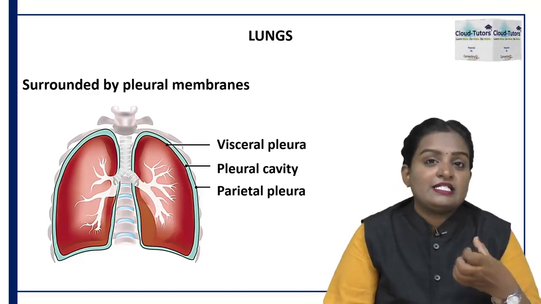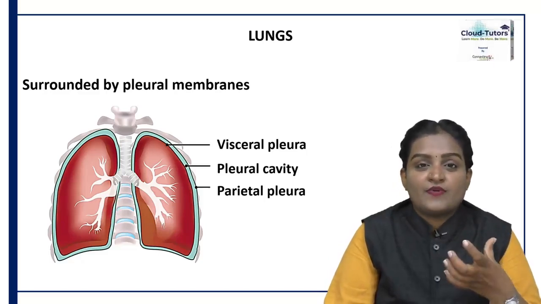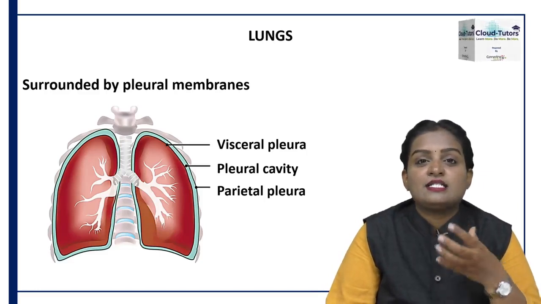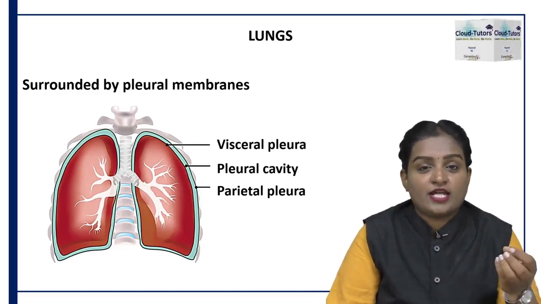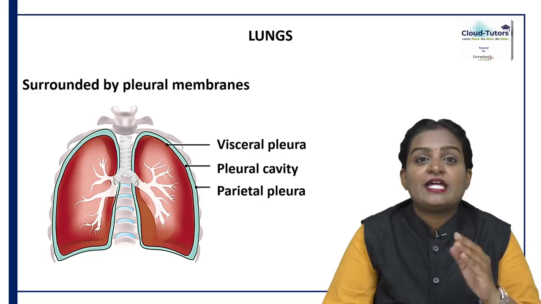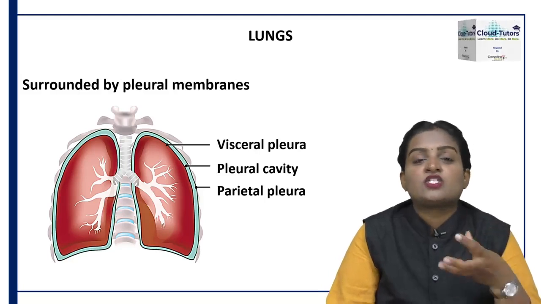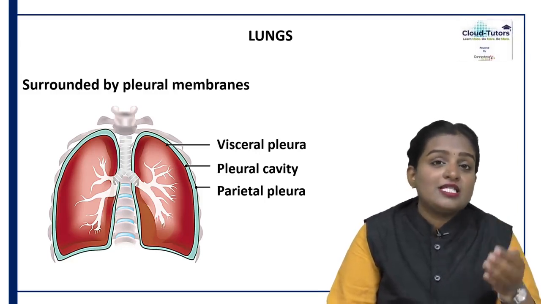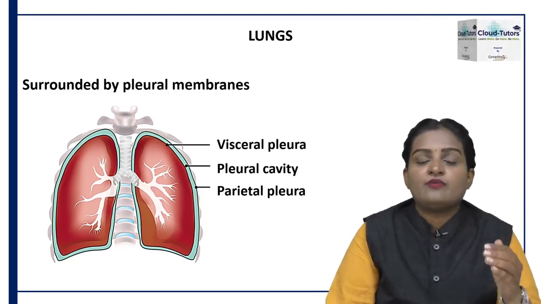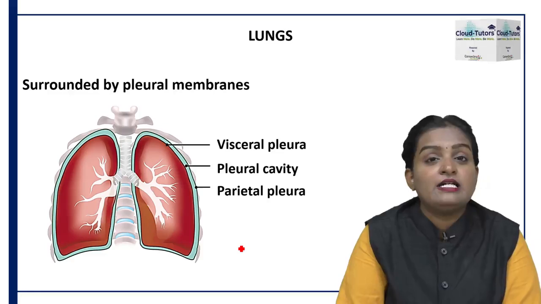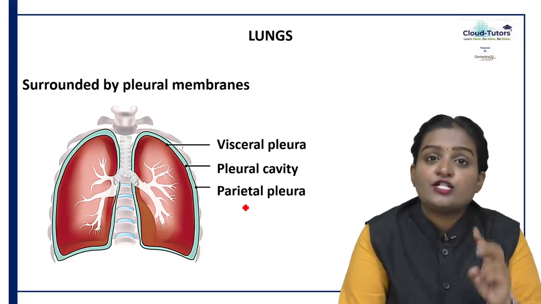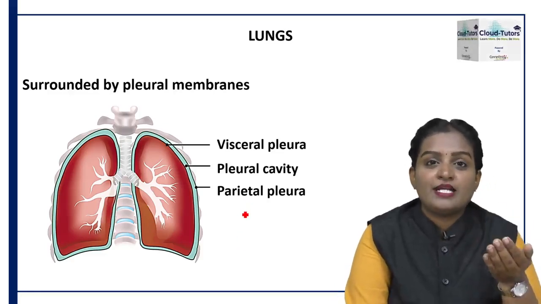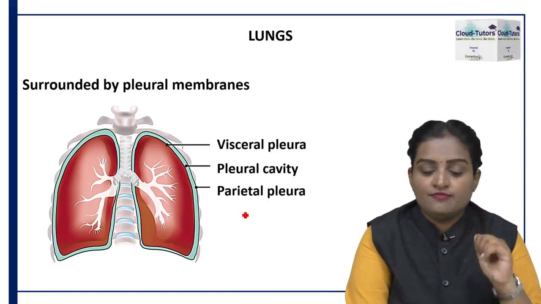Internally, even though there is a rib cage, the lungs also need a delicate membranous protection, because if the lungs hit the rib cage by chance, it can damage the surfaces. So both the lungs are surrounded by a membranous structure called the pleural membranes. There are 2 membranes, the outer pleural membrane and the inner pleural membrane.